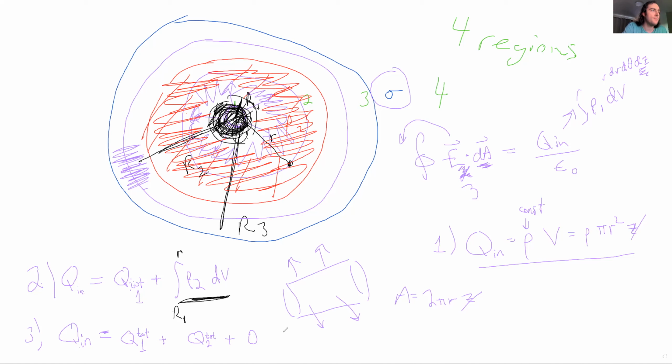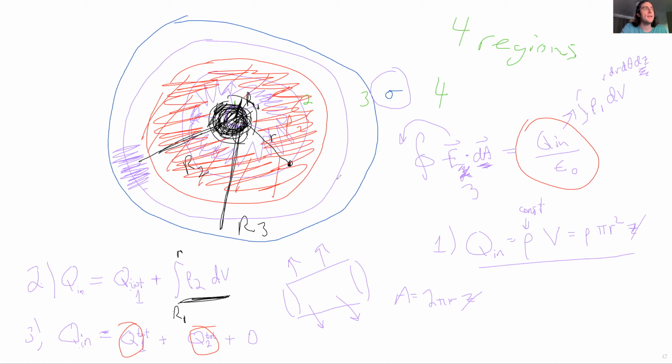And so it's simply the total amount of charge Q1 and Q2, and there's no additional charge on the right side. And so our electric field again has to be radially symmetric. We pull it out, even in region 3, where there's no charge, because all that matters for Gauss's law is the charge inside divided by epsilon naught.